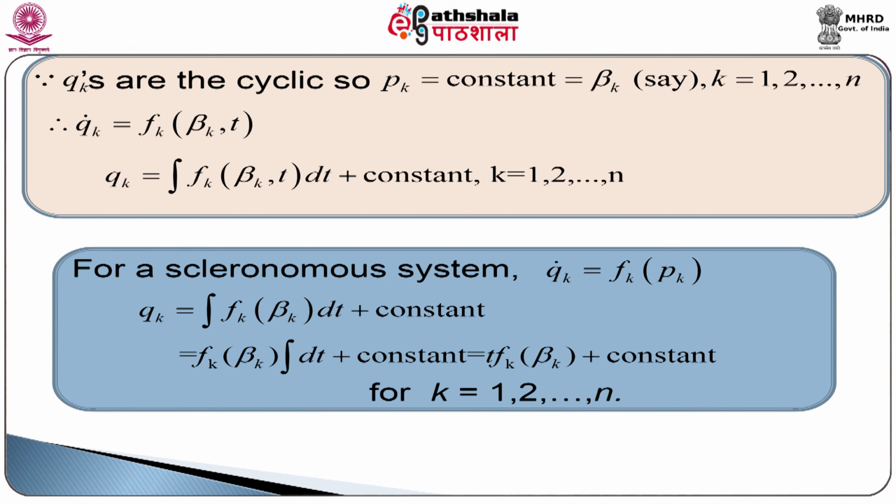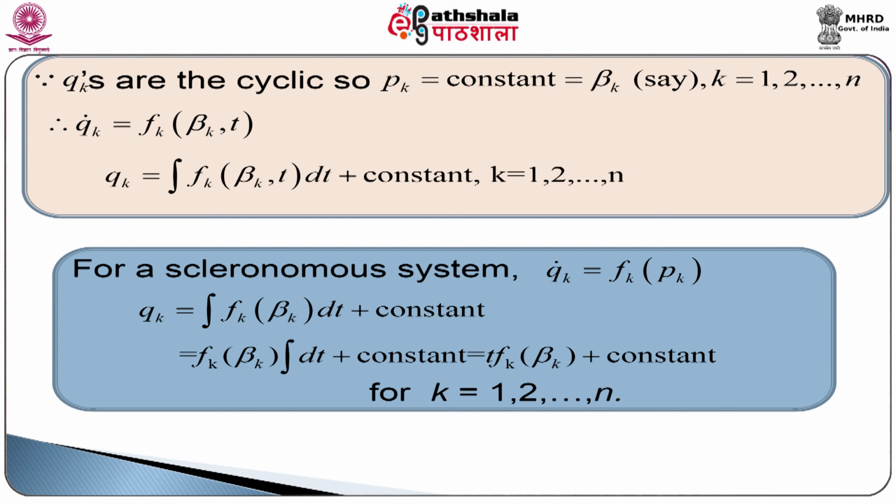Since qk's are the cyclic coordinates, so pk equal to constant. If we write the constant as beta k for k equal to 1, 2 up to n, then we have generalized momenta pk equal to beta k.